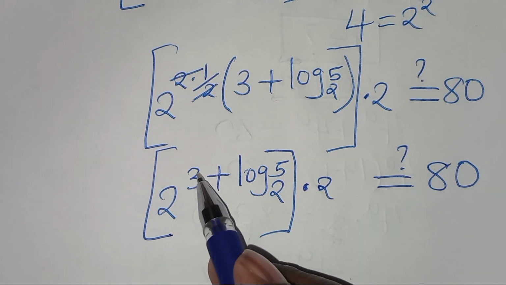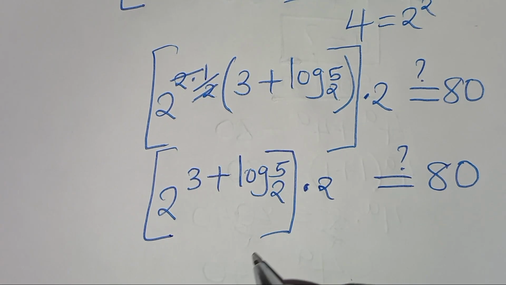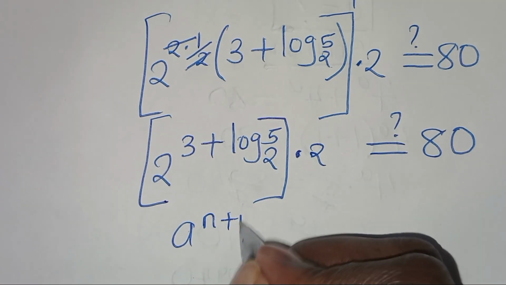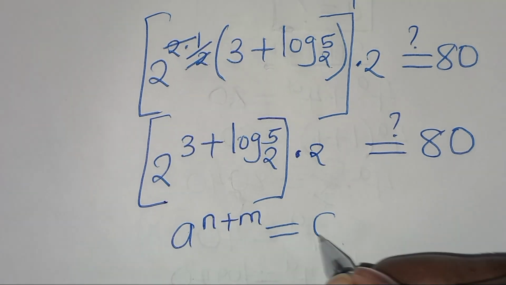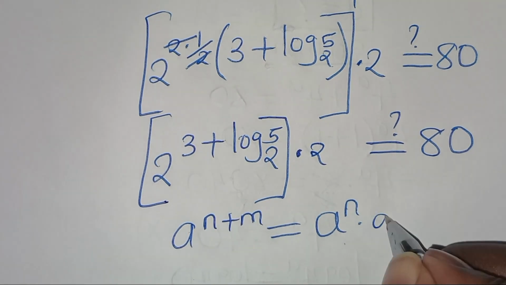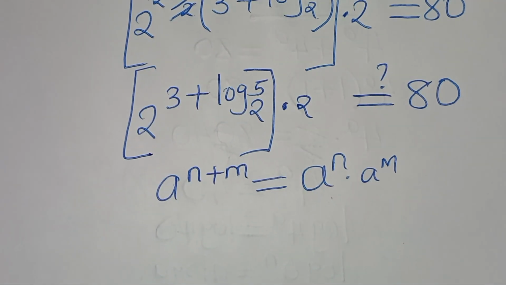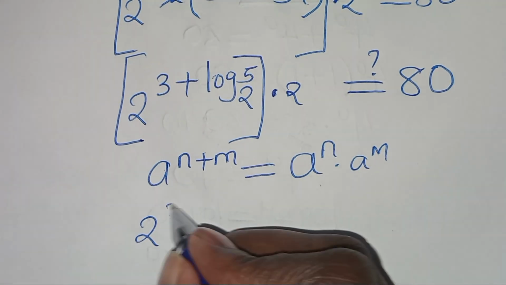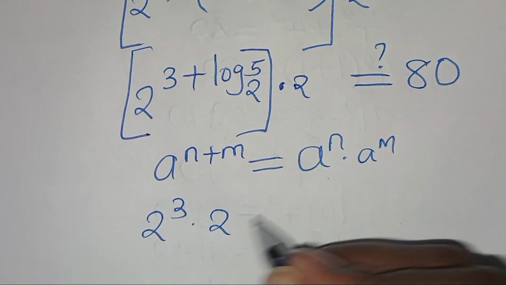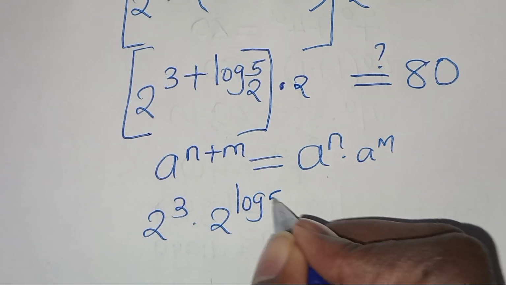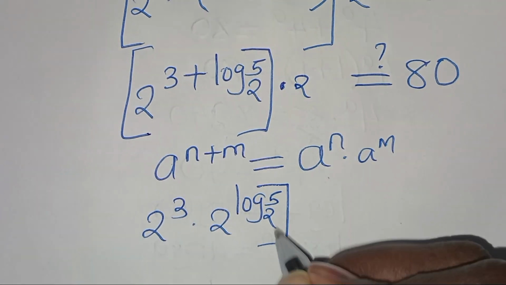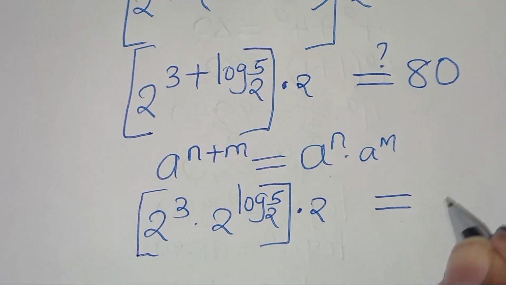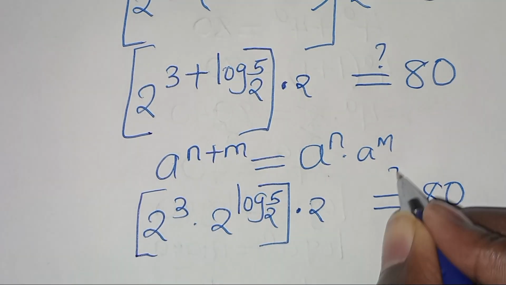Now, 2 to the power of 3 plus log 5 to base 2, this is in the form of a to power n plus m, which we can express as a to power n times a to power m. Applying this exponent property from here, we have 2 to the power of 3 times 2 to the power of log 5 to base 2, everything here multiplied by 2. This is supposed to give us a value of 80.